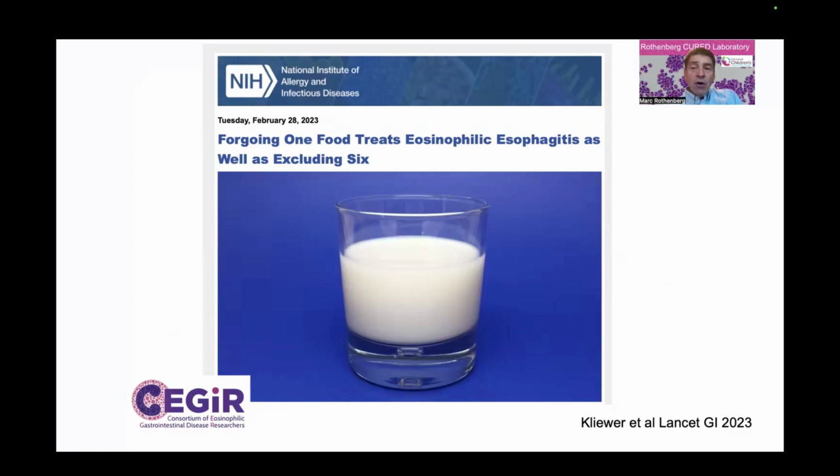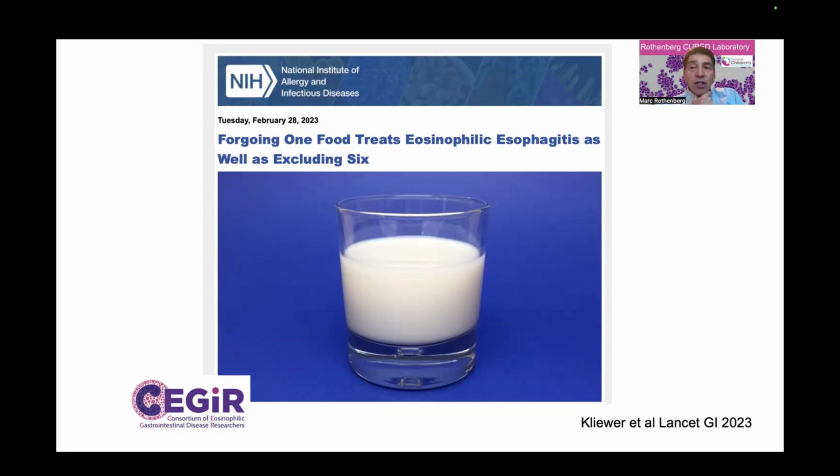And we know what allergens are causing EoE because my colleagues and I in CEGIR conducted a randomized clinical trial where we avoided the 6 most common foods, called the 6-food elimination diet, or only milk. And what we found in this study was quite surprising, that milk elimination alone was equally as effective as avoiding 6 common foods. Now, the good news is that diet works.